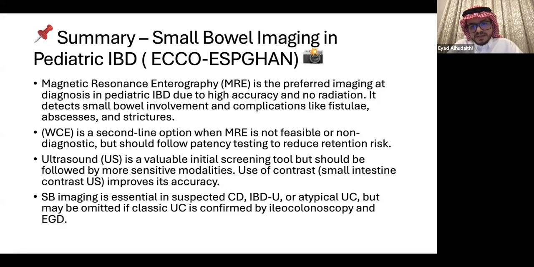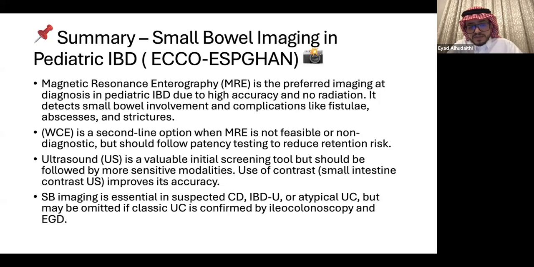Ultrasound is a valuable initial screening tool, and nowadays it has been a hot topic in the pediatric IBD world because it's like a point of care that you can do in your clinic if you master it and if you are good at it. It will be a good tool in your hand. Use of contrast, small intestinal contrast ultrasound improves its accuracy.